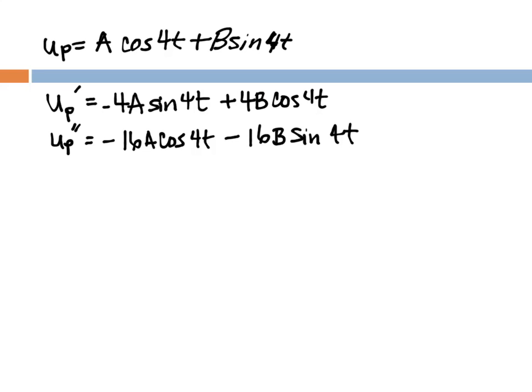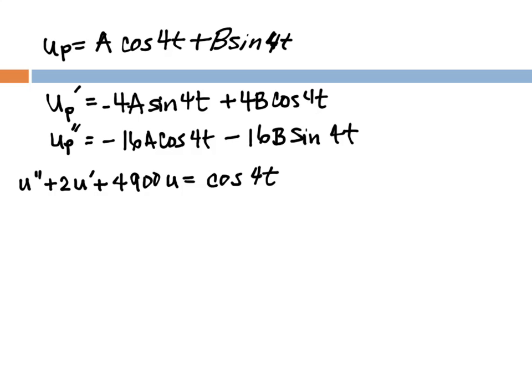So my original equation, without the decimals, would be u double prime plus 2u prime plus 4,900 u equals cosine 4t. And then we'll put our second derivative, first derivative, and original into this equation to solve for a and b.